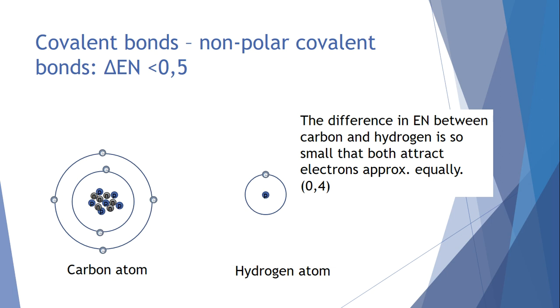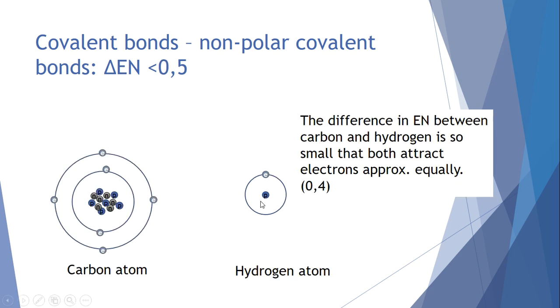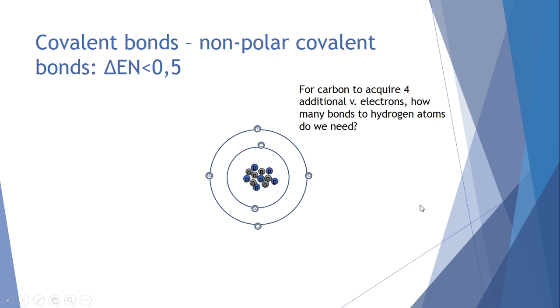If we look at the difference in electronegativity between these 2 atoms, it's going to be 0.4, which is lower than 0.5. So there's no real difference in how hard they pull on electrons. So let's see what happens. Let's combine these 2, the carbon atom and the hydrogen atom, together.